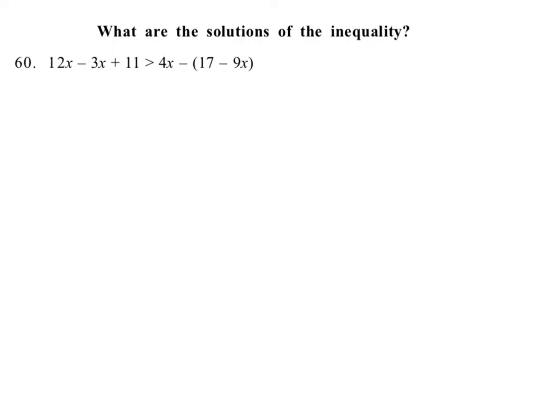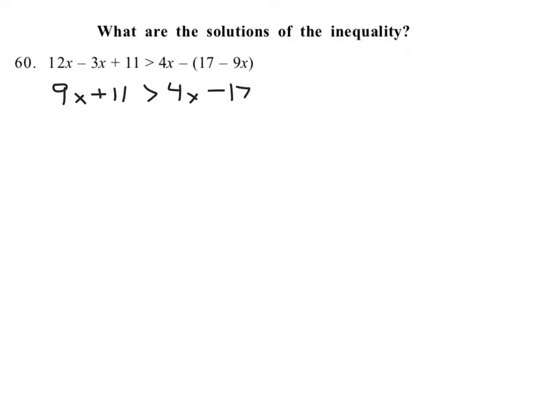All right, we're going to combine like terms and distribute. So on the left-hand side, 12x minus 3x is going to be 9x plus 11. And let's see, we got 4x here. We're going to distribute that negative through. The negative of 17 is negative 17.